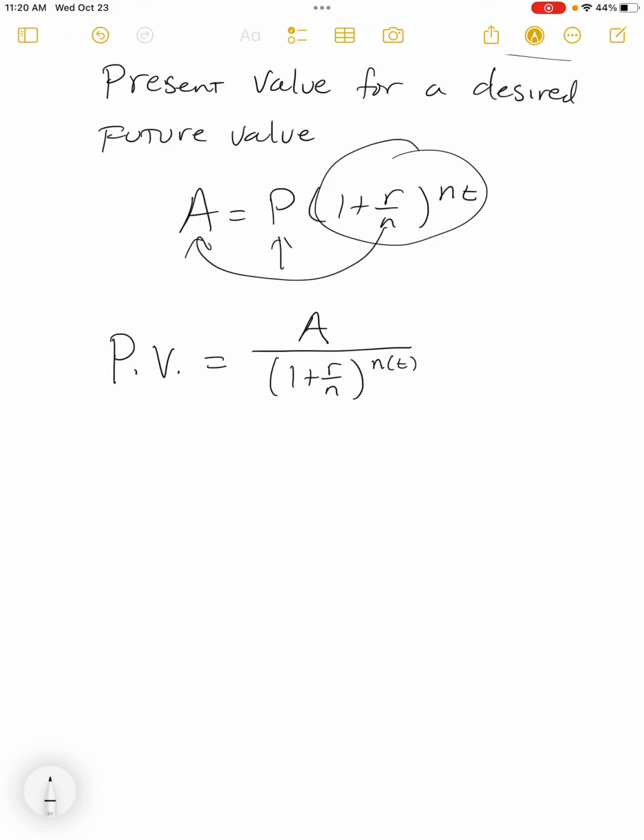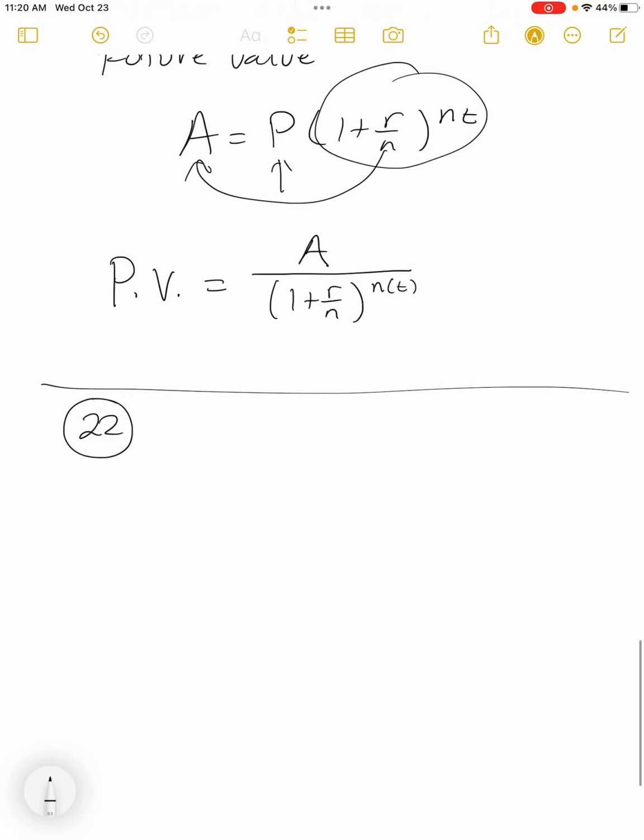So let's look at something like number 22. Number 22, and others like it, 17 to 24, 22 just somewhere in there. The question is, compute the present value. So that's how you're going to know that you want to do present value, and you're going to go to that one.